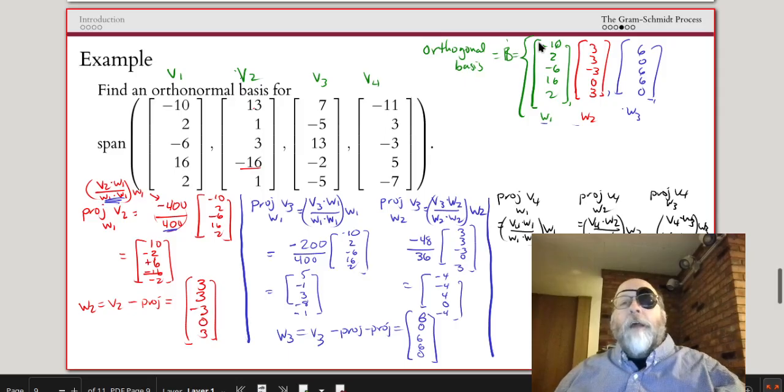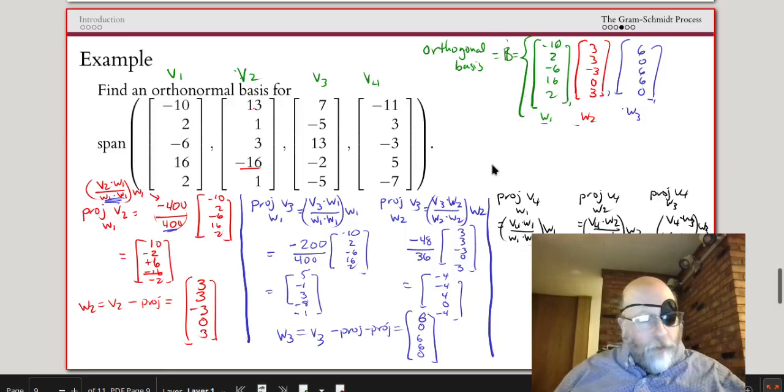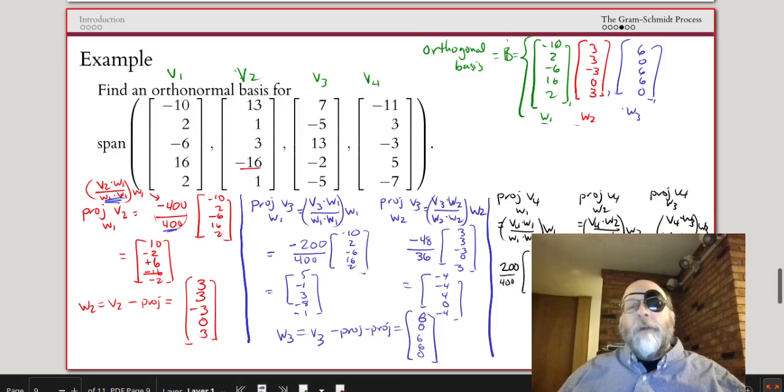V4 dot W1. So that's negative 11 times negative 10 is 110 plus 6 plus 18 plus 80 minus 14 is 200. W1 dot W1 we have already done. It's 400 times our first vector W1.